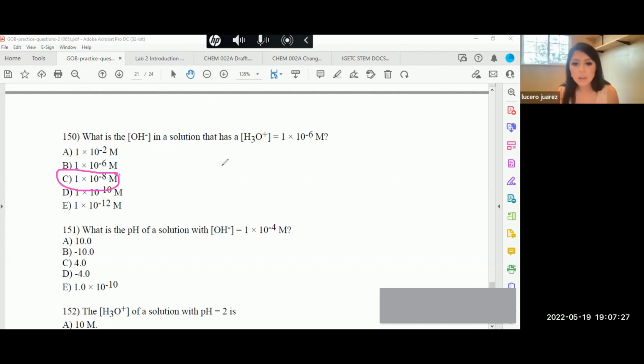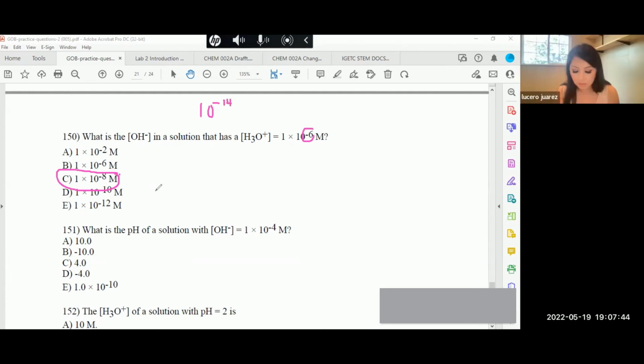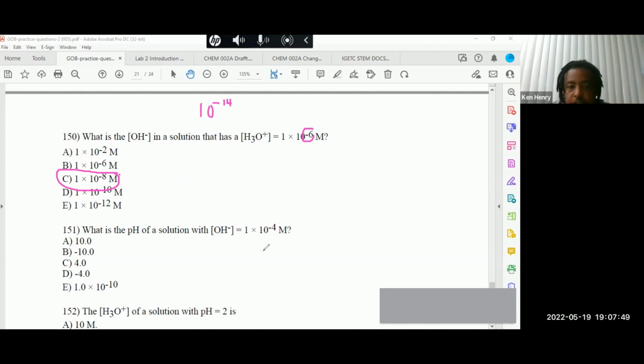Let's see, because it should add up to 14, right? So this guy is minus 6, this guy is minus 8. So it should always add up to 10 to the minus 14 when they're multiplied to each other, right? Well, that's a quick way of remembering. E, negative 6. So here, this guy is 10 to the minus 4. So then the concentration for the OH should be 10 to the minus 10, right?